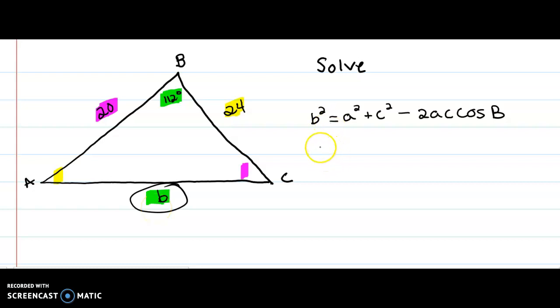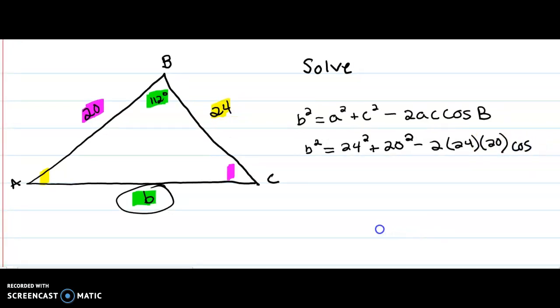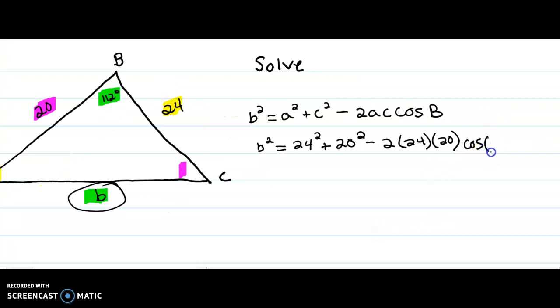So I'm going to have b squared is equal to a squared, which is 24 squared, plus c squared, which is 20 squared, minus 2 times a, which is 24, times c, which is 20, times the cosine of B, which is 112.